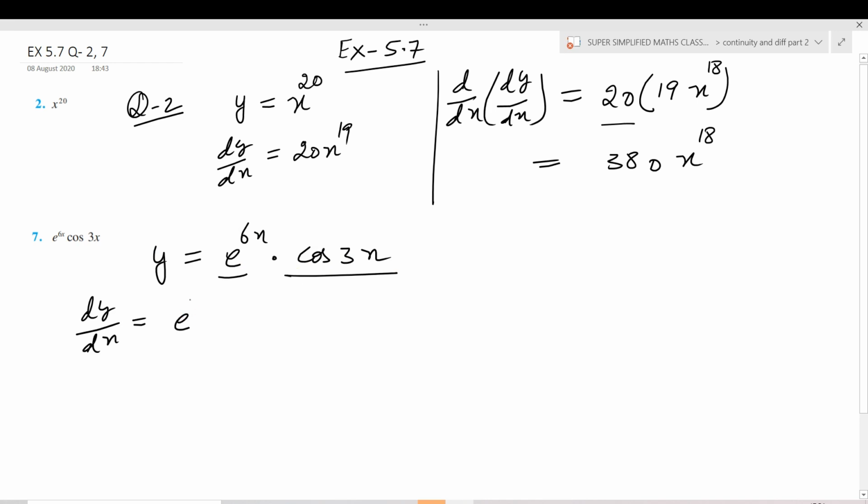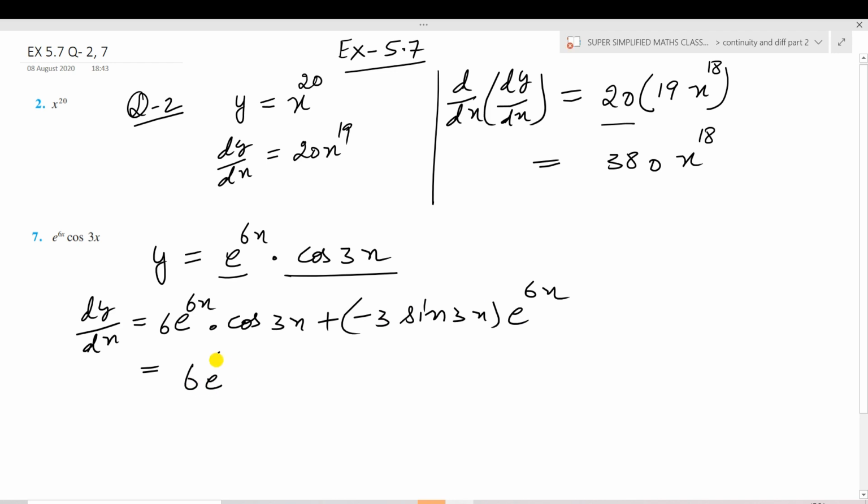So derivative of e^6x is 6 into e^6x into cos 3x plus derivative of cos 3x is minus 3 sin 3x into e^6x, which can be rewritten as 6e^6x cos 3x minus 3e^6x sin 3x. This is dy by dx.